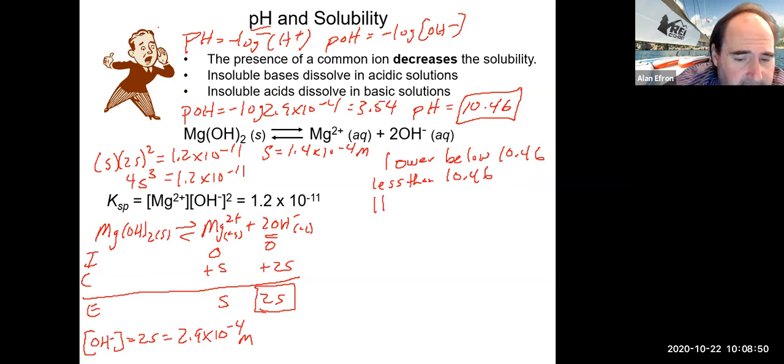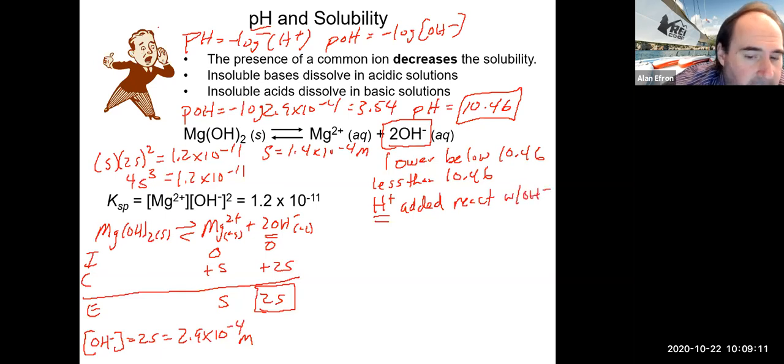So you are adding H plus. And when we look at our equilibrium, if we add some H plus, the H plus would most likely react with our hydroxide. Those two make our good friend water.